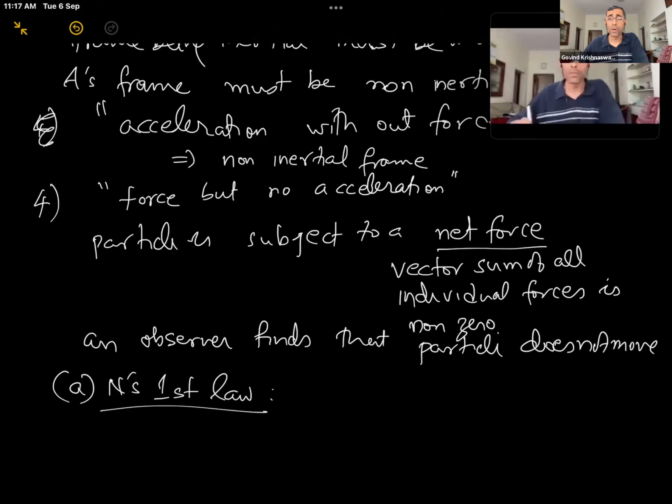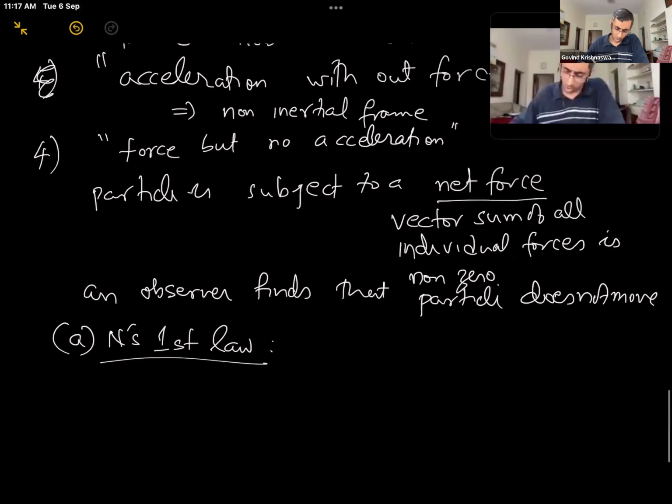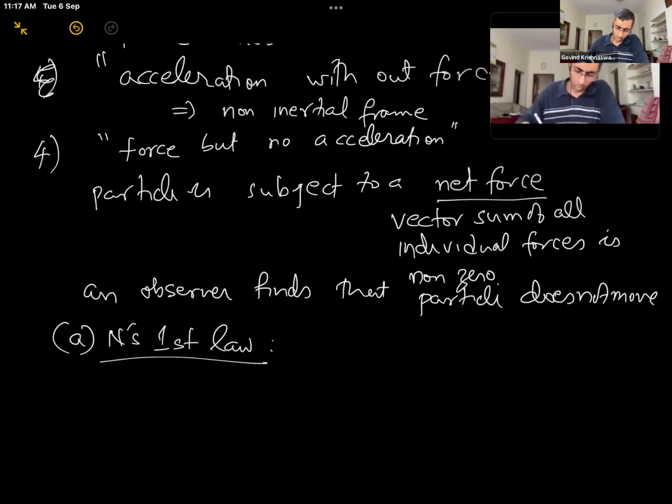First of all, let us just recall what Newton's first law was saying. Newton's first law said that for any isolated particle, there is a frame in which it moves at constant velocity.